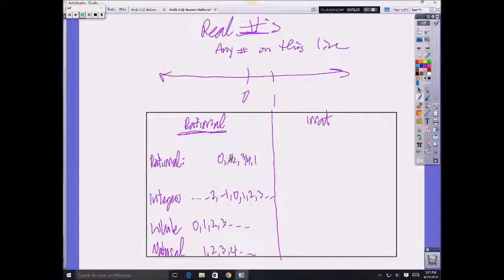Now, some of these fractions, there's 2 types of fractions. Well, there's 3 types of fractions. Fractions like 1/2, that's called terminating. If you approximate it to a decimal, it is 0.5. So it's halfway between 0 and 1, 0.5.